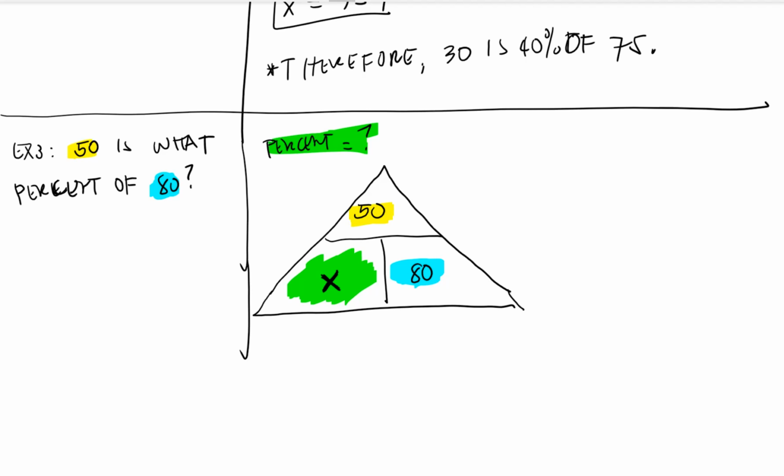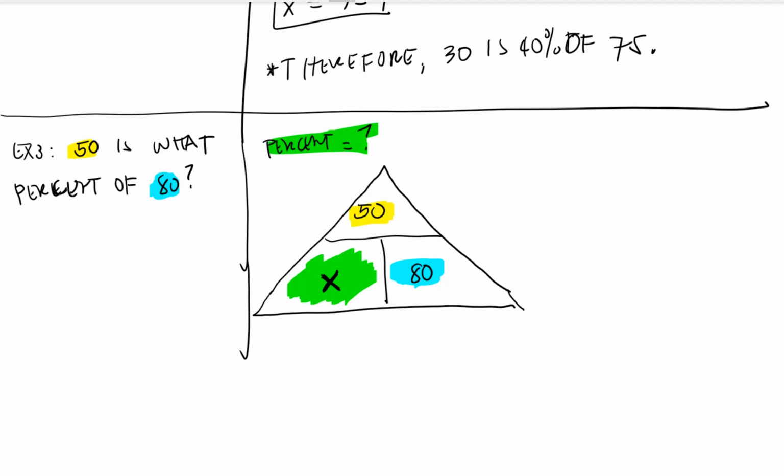Because if you remember, percent of 80 means that you're taking a part of that whole thing, which is 80. So therefore 50 is the amount, or the part, the portion of 80.